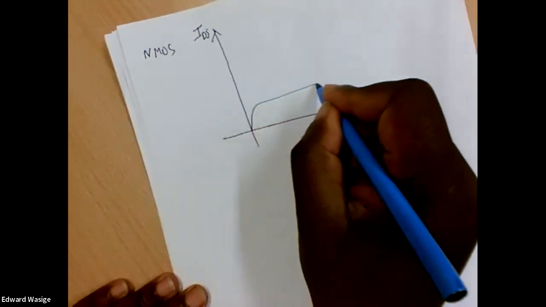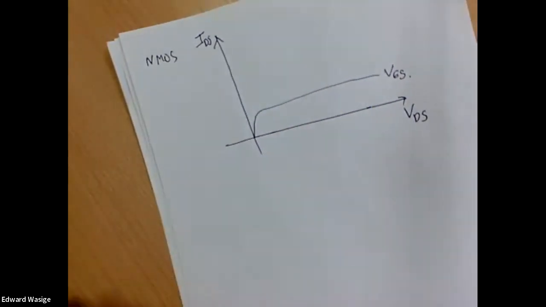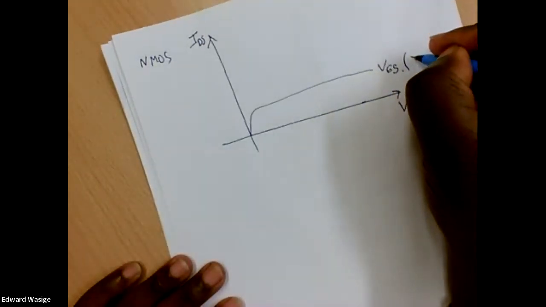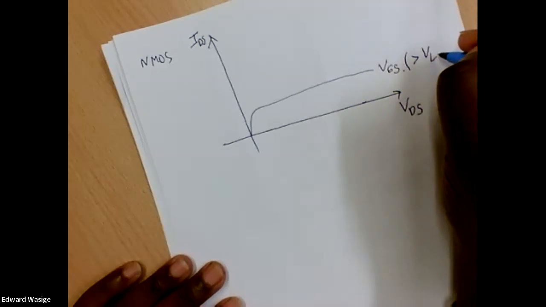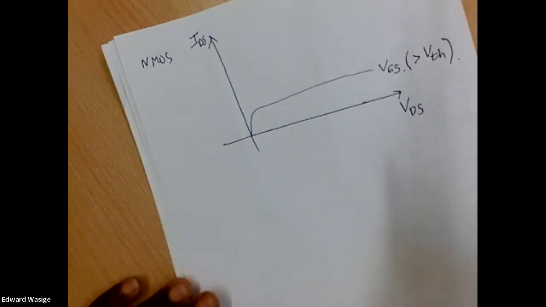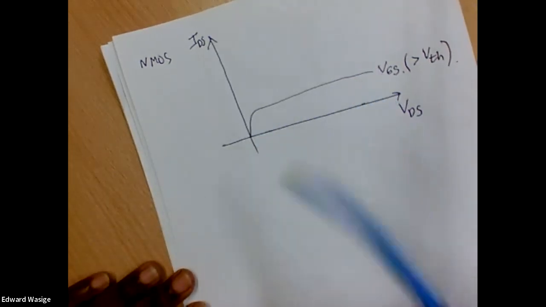But if the gate to source voltage is high enough, then the current will flow through. The voltage at which the current starts to flow is what we call the threshold voltage.